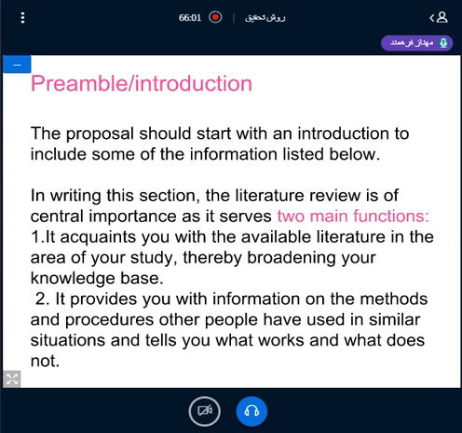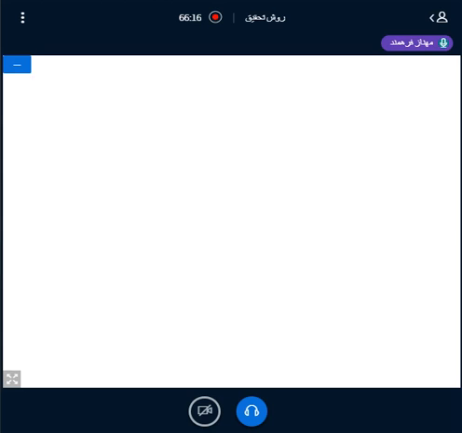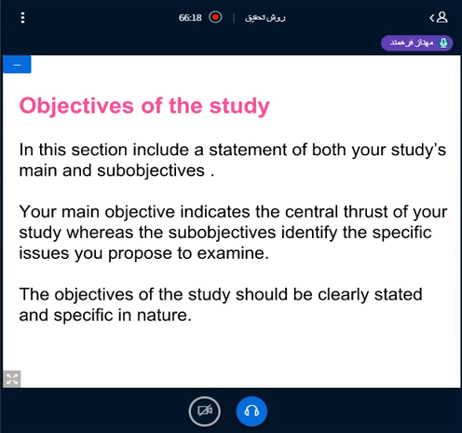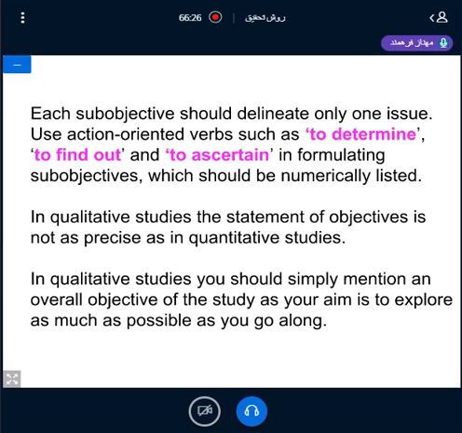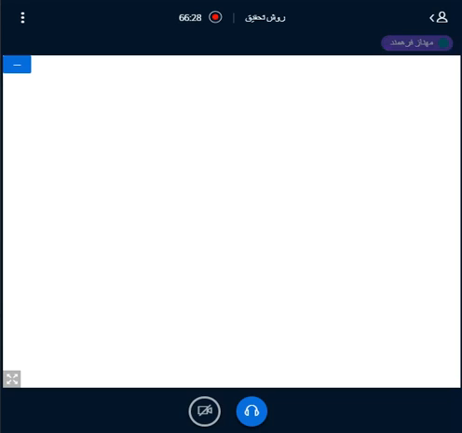So we can use these two main functions in our introduction and explain that. The next part, as I told you, is the objective of the study, and the hypothesis.